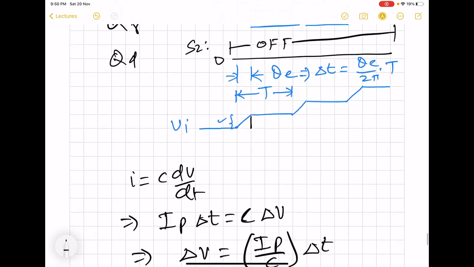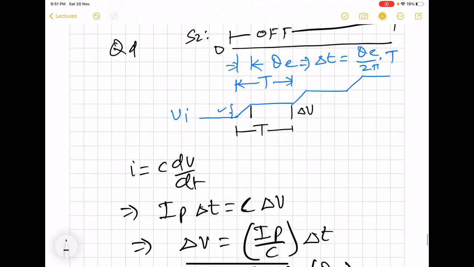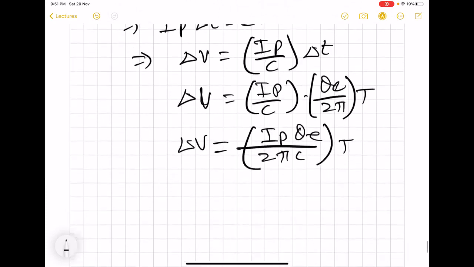And this rise in the voltage occurs for a duration equal to T. Although it occurs actually for duration delta t, the overall voltage rise in one cycle is the same delta V. So in one cycle, in one time period T, the net increment in voltage is delta V. So we can find out what is the average increment in this voltage.